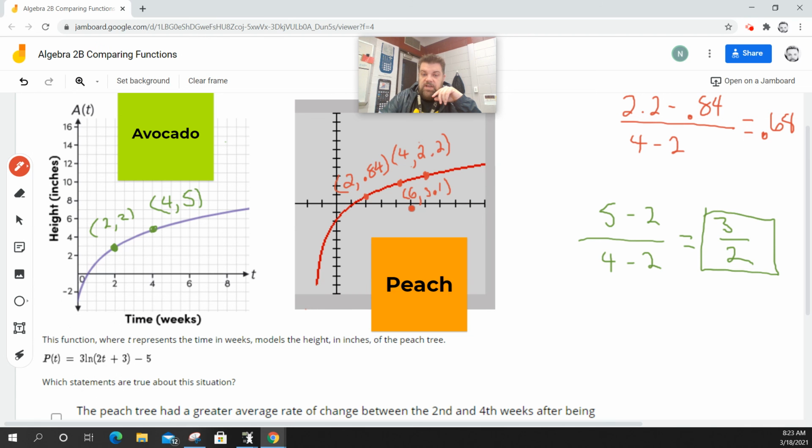So that's 6, 7, 8, 9, 10. And that's the point 10 comma 4.4, roughly. So then to calculate that, I'm going to say 4.4 minus 3.1 all over 10 minus 6.